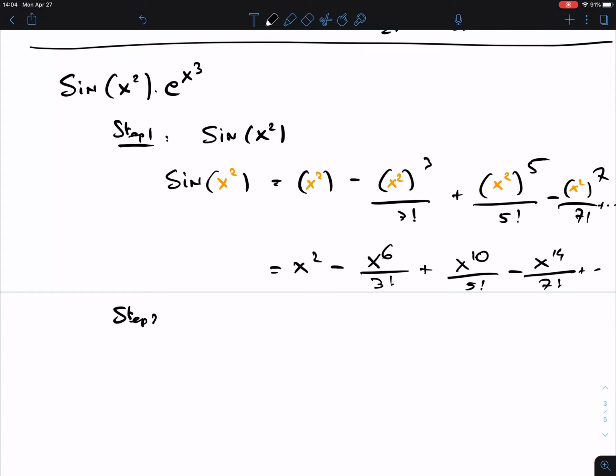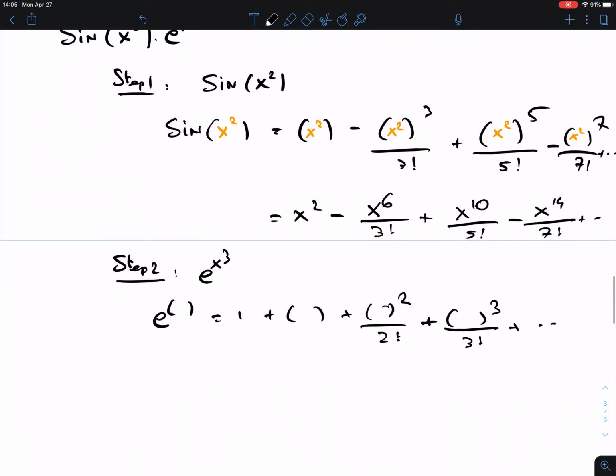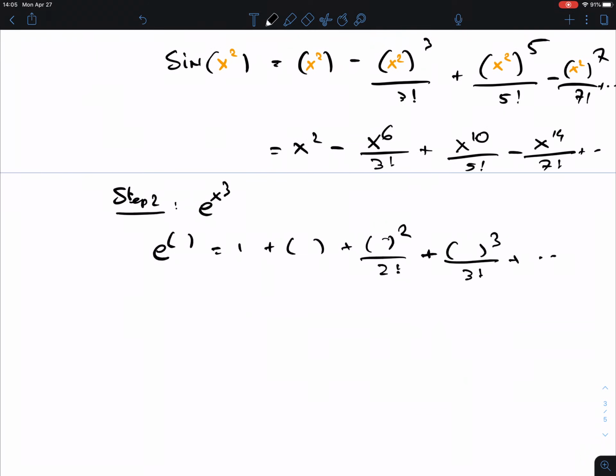We also need one for e to the x cubed. That was 1 plus x over 1 factorial plus x squared over 2 factorial plus x cubed over 3 factorial plus dot dot dot. You see I always take 4 terms here. Now I plug in x cubed. In general, let's take a rule: the first 4 non-zero terms.